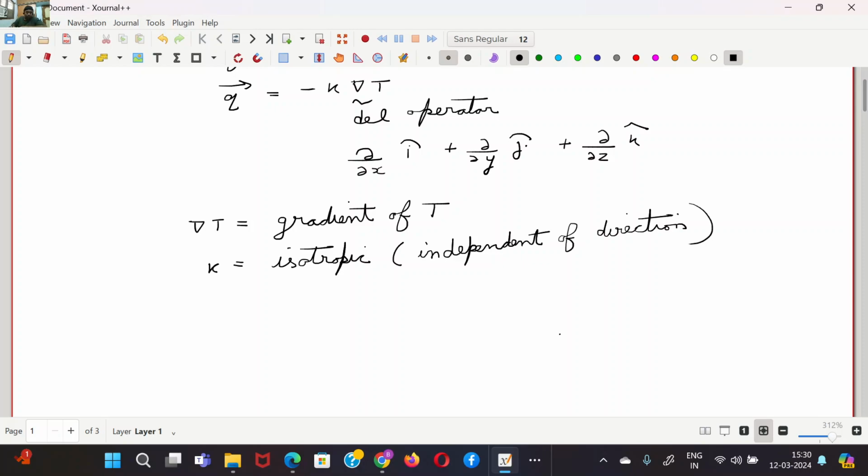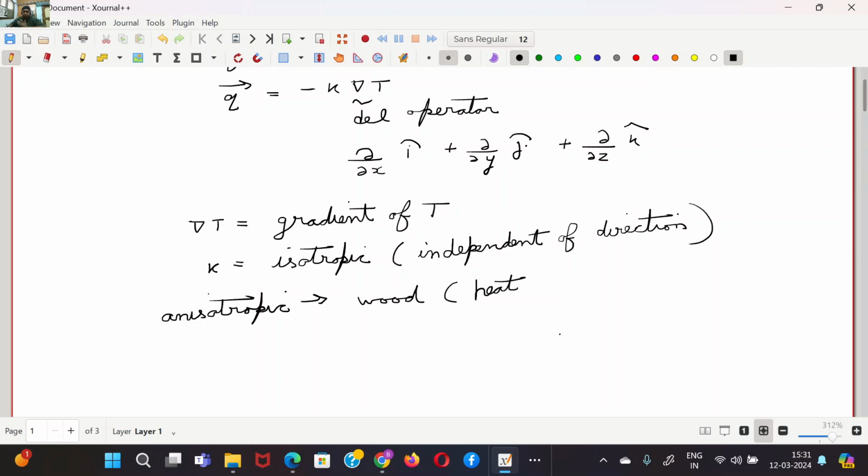So what's the opposite of isotropic? It is anisotropic. Okay. For instance, wood. Here the K will be different in different directions. And hence the flux will also be different in different directions. Because this is a structure of wood, okay?